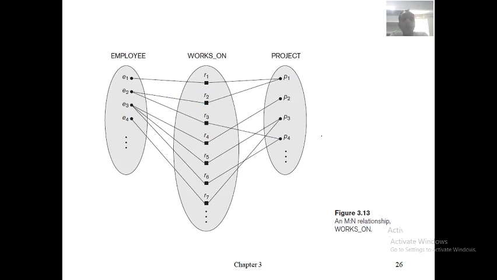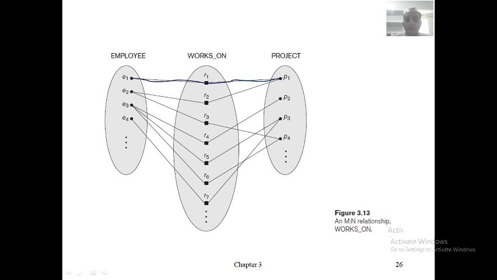Now, employee works on project. Again, an employee works on a particular project. If you understand this, it will help later when it comes up. Let me clear here. See here now, employee 1 works on a particular project, P1.